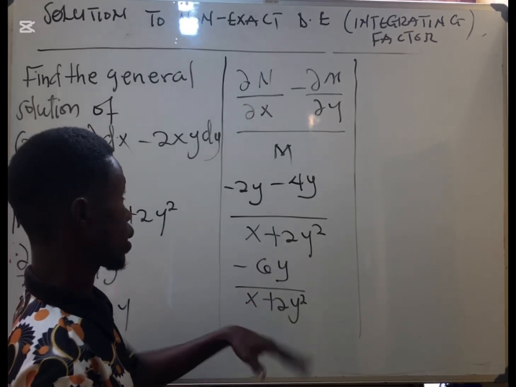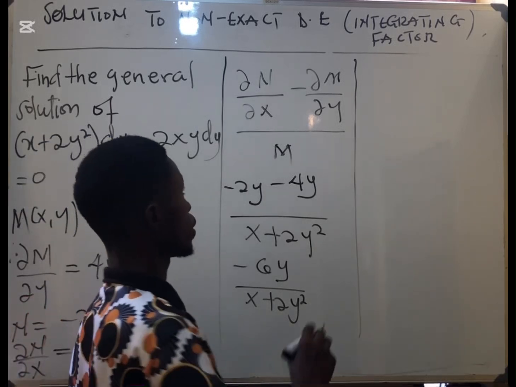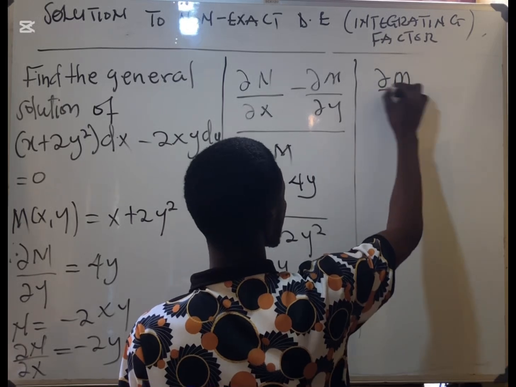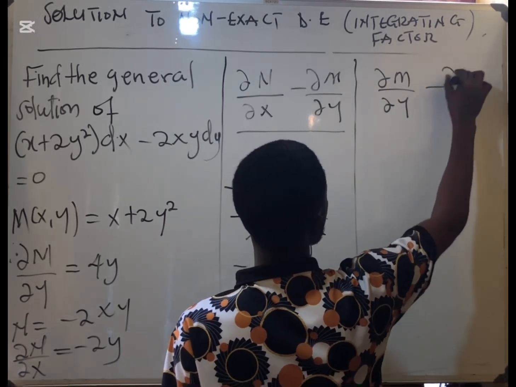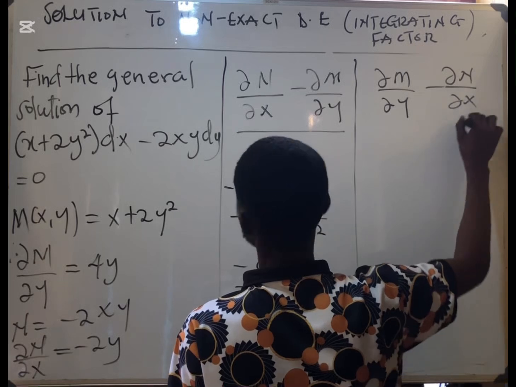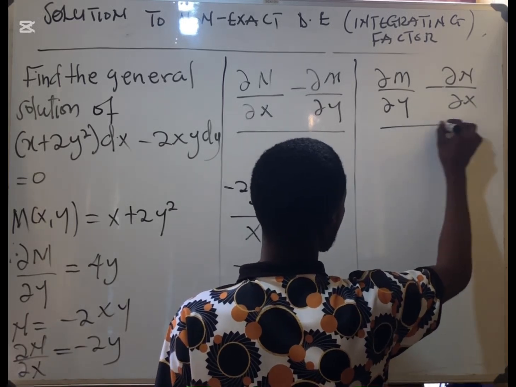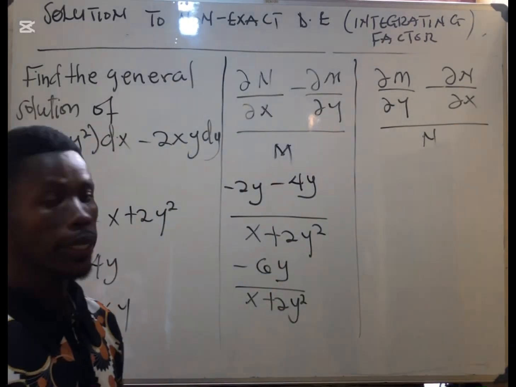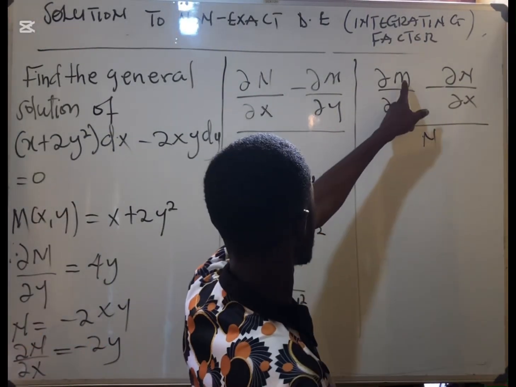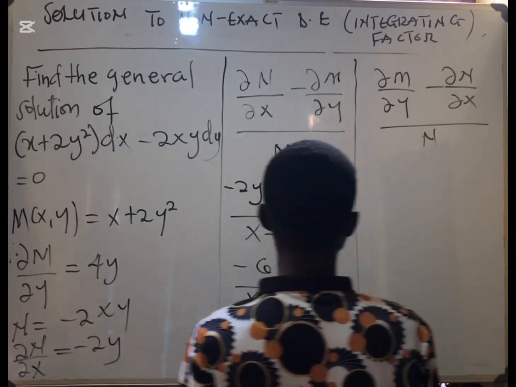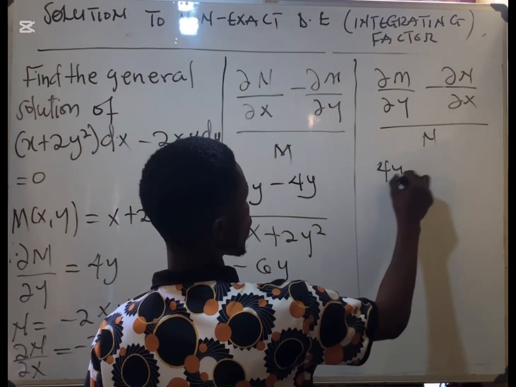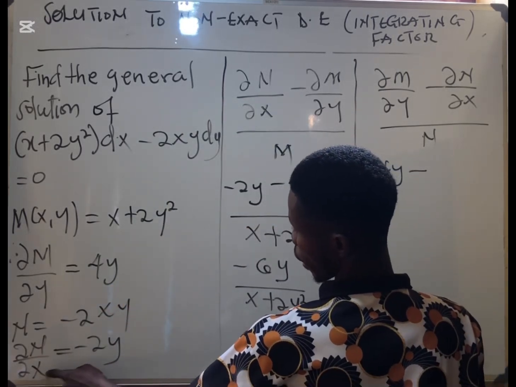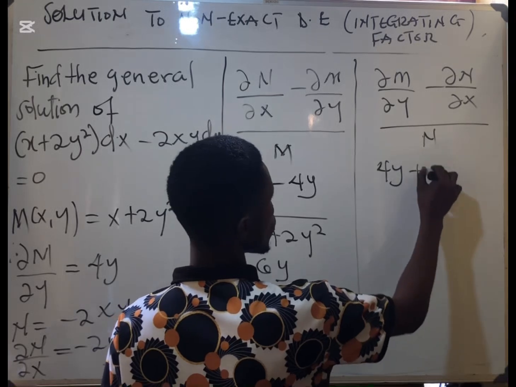So let's check the x only. Now this is the x only formula. Delta M, delta y is 4y, so I have 4y minus delta N, delta x is negative 2y, so that will be 2y.